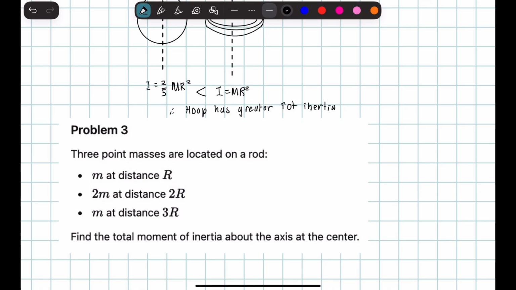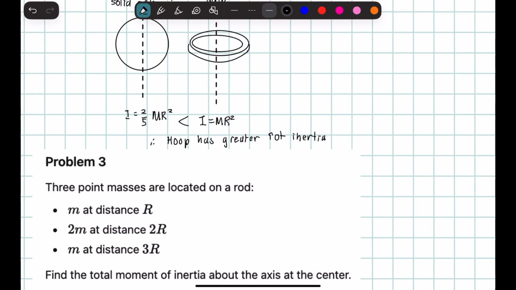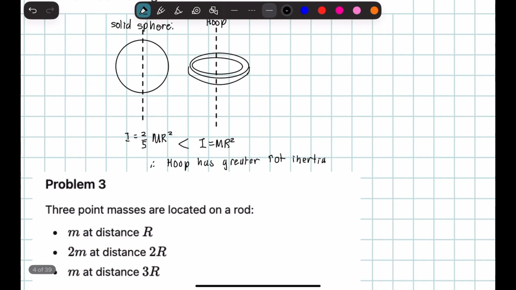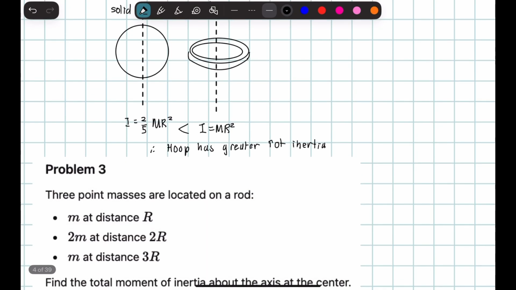Obviously the hoop has a greater rotational inertia. So the mass farther from the axis dominates the rotational inertia. Let's write that: mass farther from the axis.